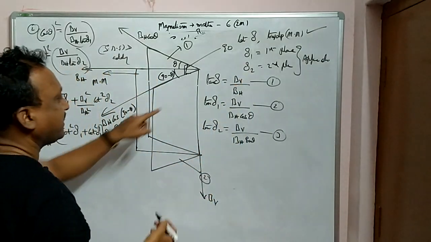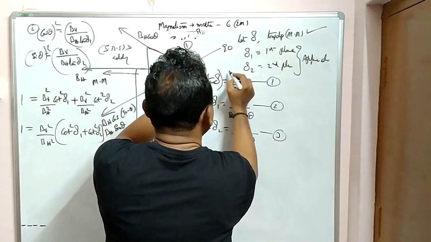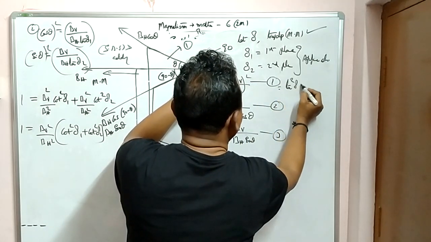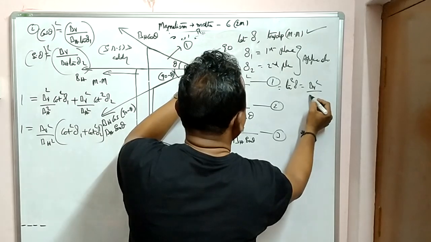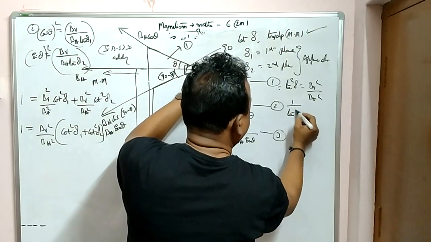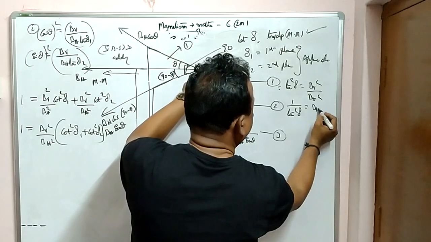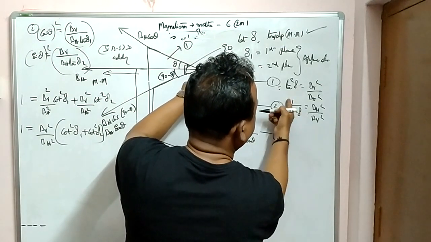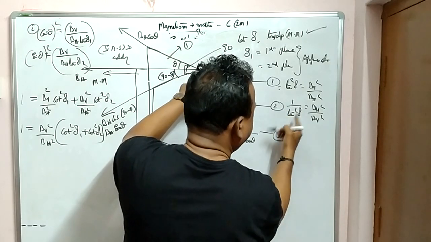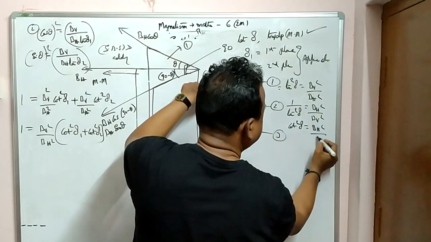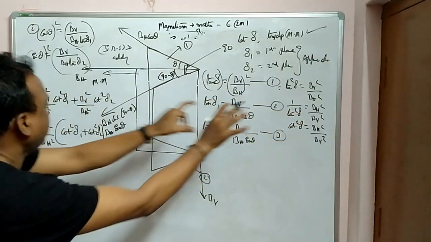Now see equation 1. Square it. Squaring gives tan square del is equal to BV square by BH square, or 1 by tan square del, which is cot square del, is equal to BH square by BV square. Check it. Put that here, copy paste.